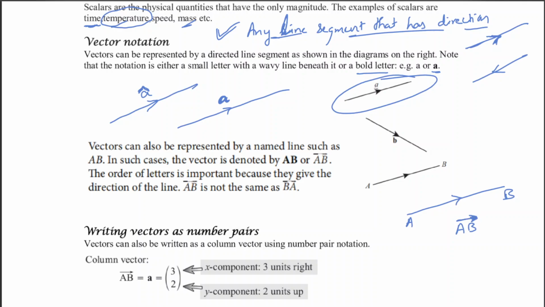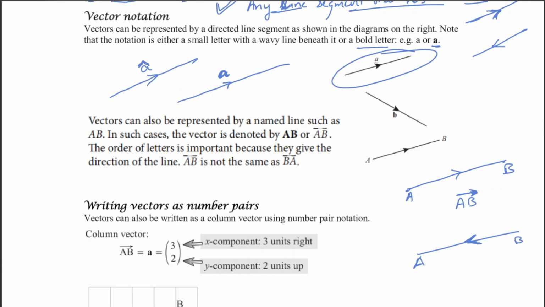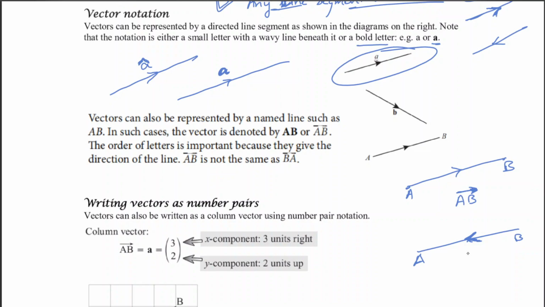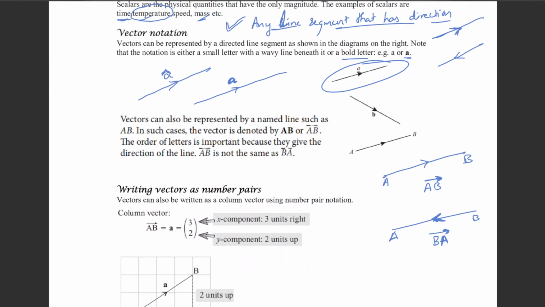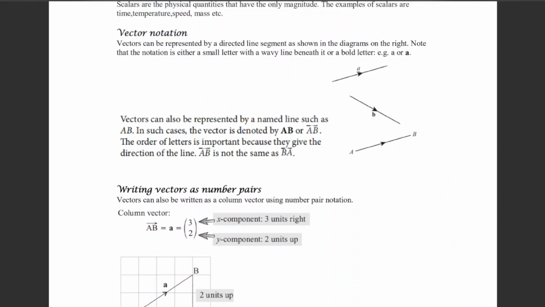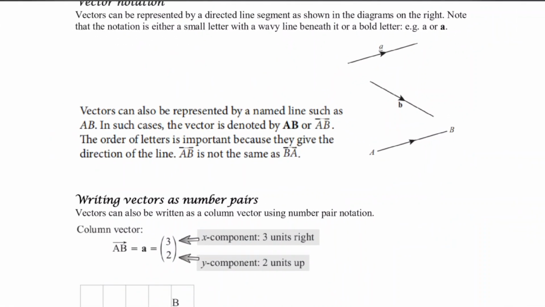This represents that the line is going from A to B, vector AB. Okay, if the line is going opposite, let's say this is line AB, and this line is going in the opposite direction, then we can write this as vector BA. Because the direction is going from B and it is reaching A. This is vector BA.